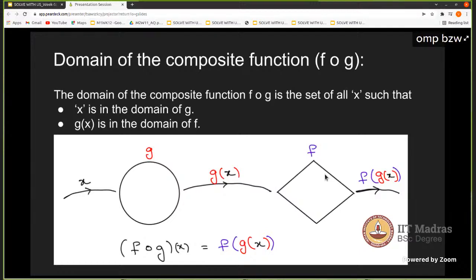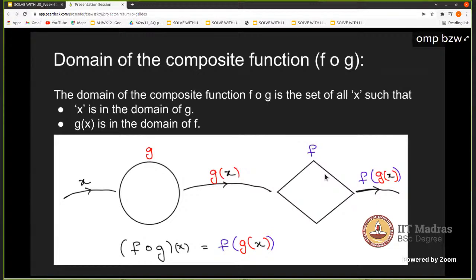Whatever G of x values are given, the range given by function G. Yes, the range, not the intersection of both. Not all of the range will go into f. So here there will be another second filter.